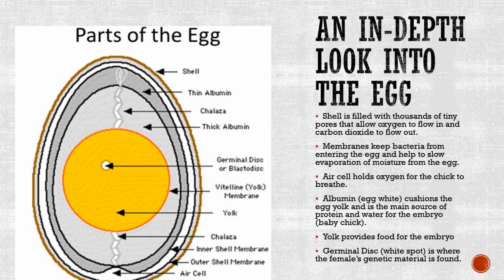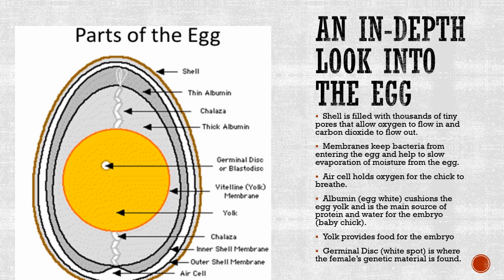Let's begin with the shell. The shell is filled with thousands of tiny pores that allow oxygen to flow in and carbon dioxide to flow out. There are membranes that keep the bacteria from entering the egg and help to slow the evaporation of moisture from the egg. You'll learn more about that tomorrow.